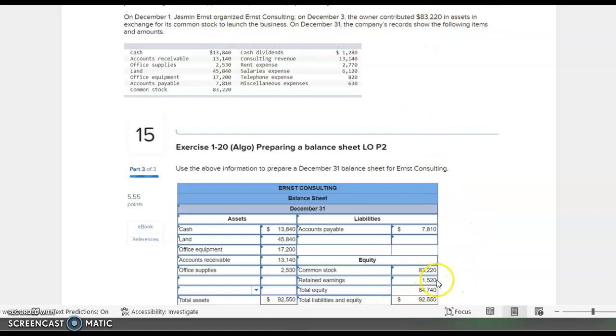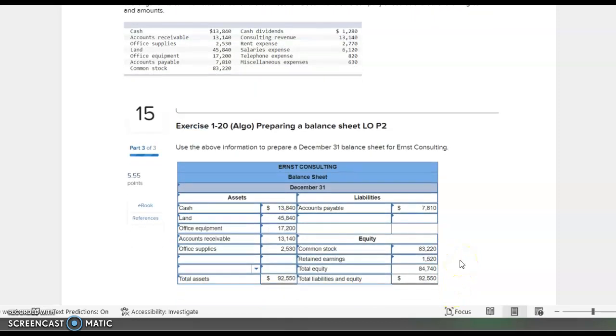Our retained earnings from our statement of retained earnings of $1,520, giving us total equity of $84,740, adding the liabilities and equity together, giving us a balance of $92,550, which shows that the total assets equals the total liabilities and equity.